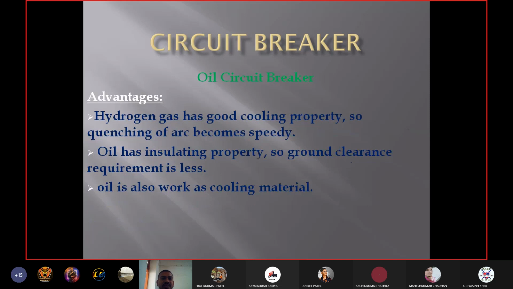Now, which advantages are we getting? Hydrogen gas has a good cooling property, so quenching of the arc becomes speedy. Oil has an insulating property, so the ground clearance requirement is less.